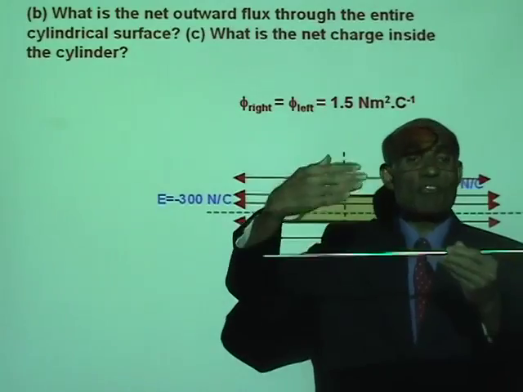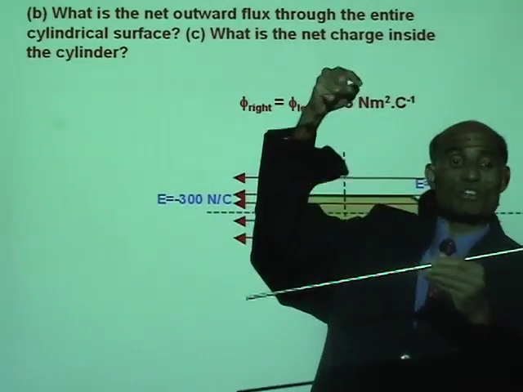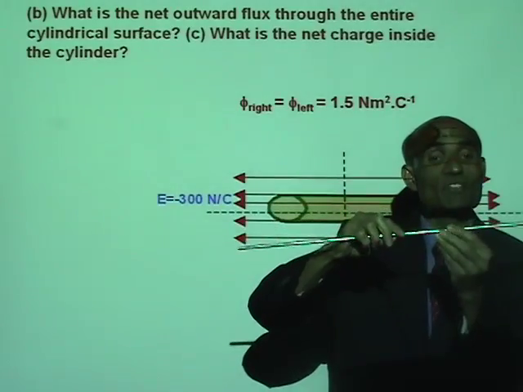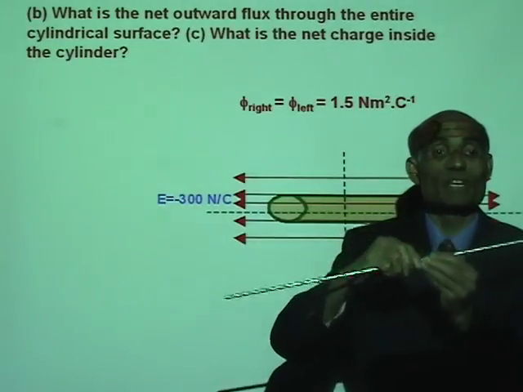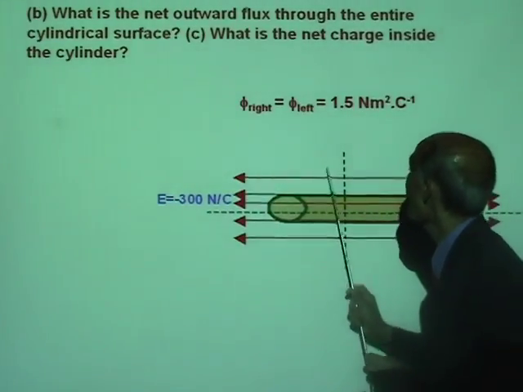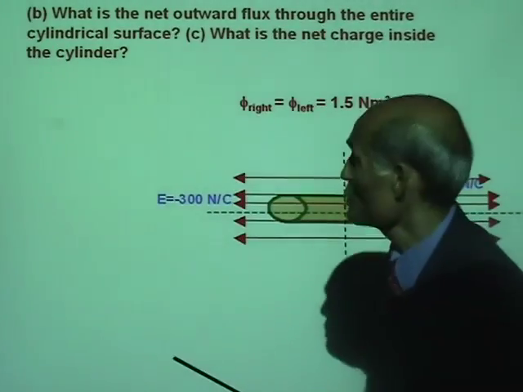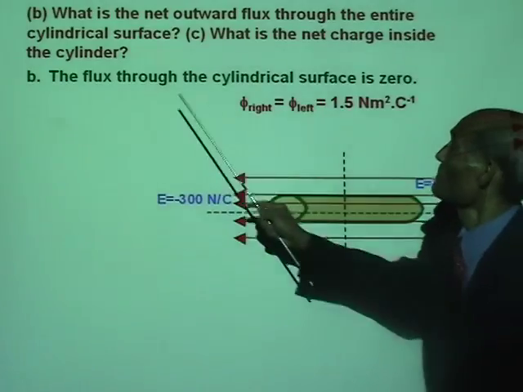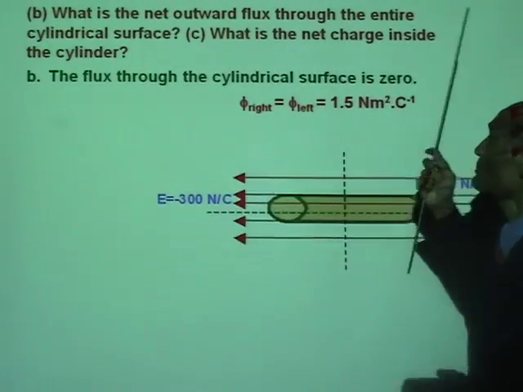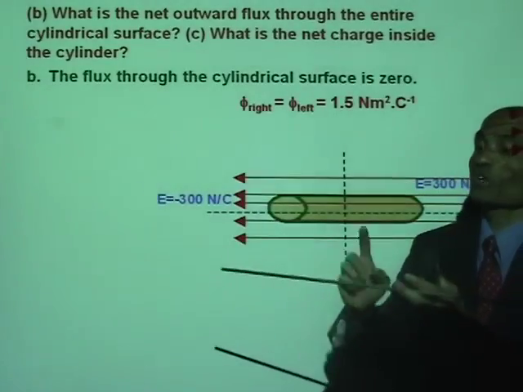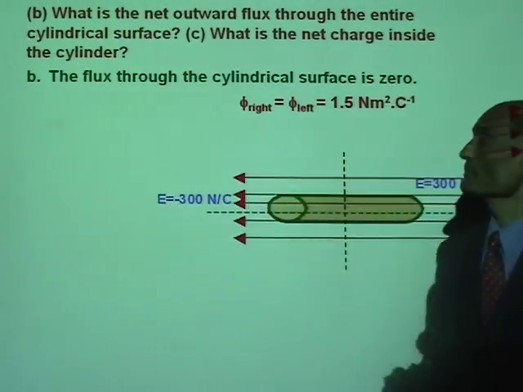Are there any field lines crossing the cylindrical surface? No, there are no field lines crossing the cylindrical surface. That means there is no flux crossing the cylindrical surface. So what's the answer for that B part? The flux through the cylindrical surface is 0. There are no field lines crossing the cylindrical surface.